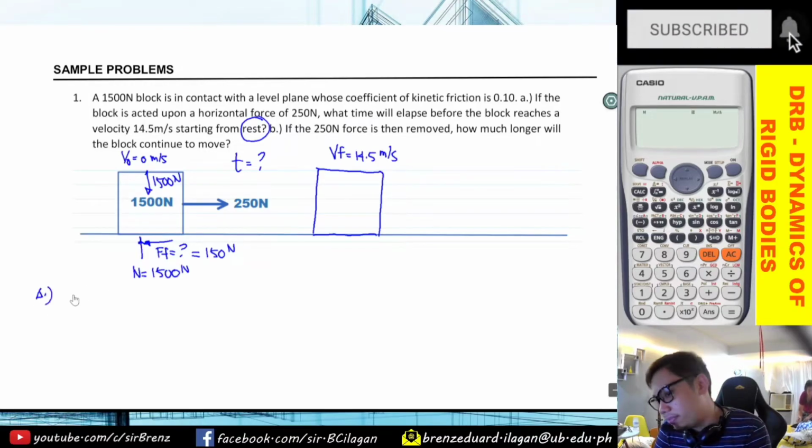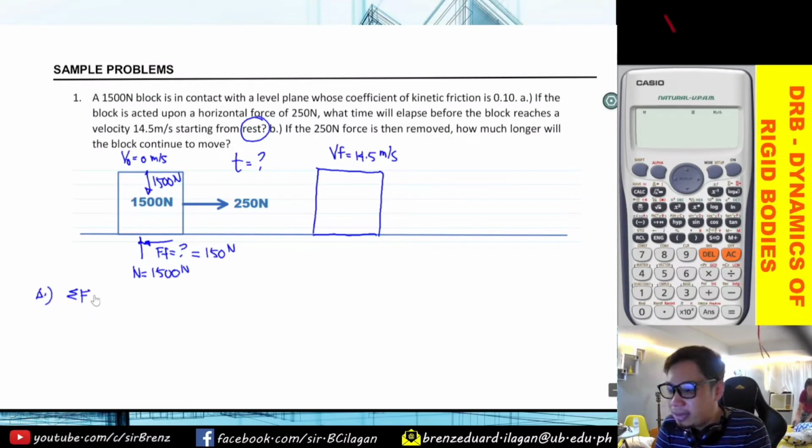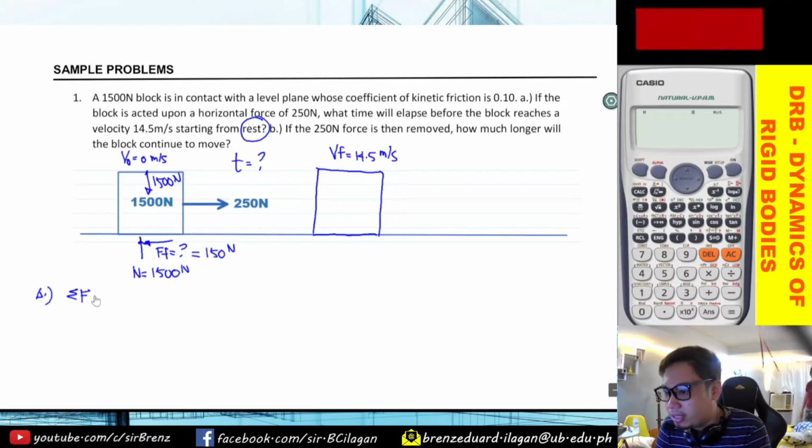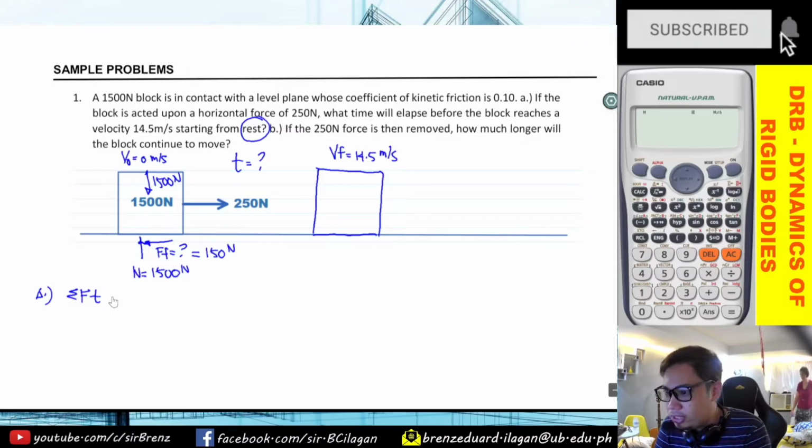So let's write the equation. That is just the summation of forces multiplied by the time. The initial time, I will no longer write since it starts from rest at 0 time.